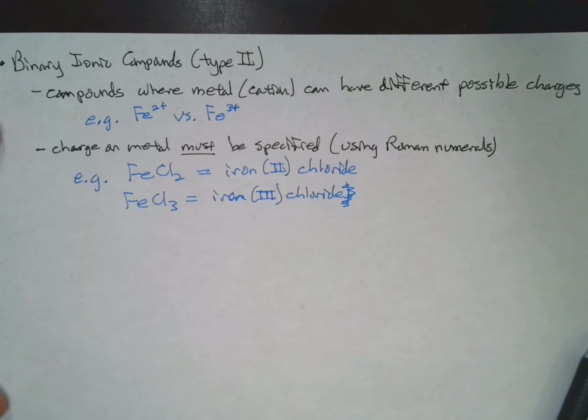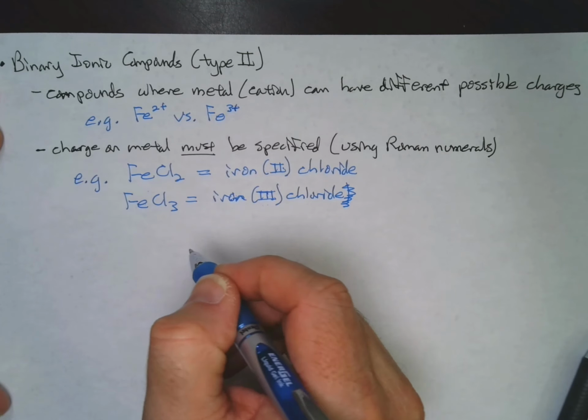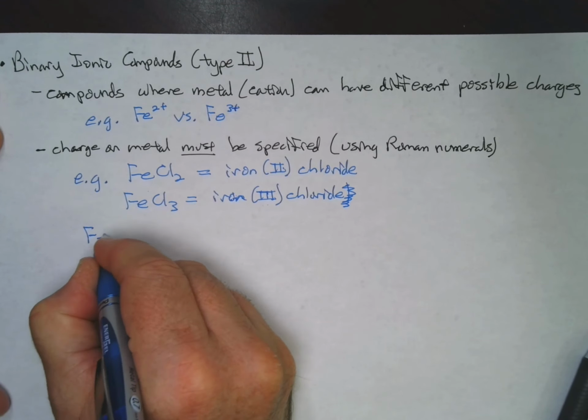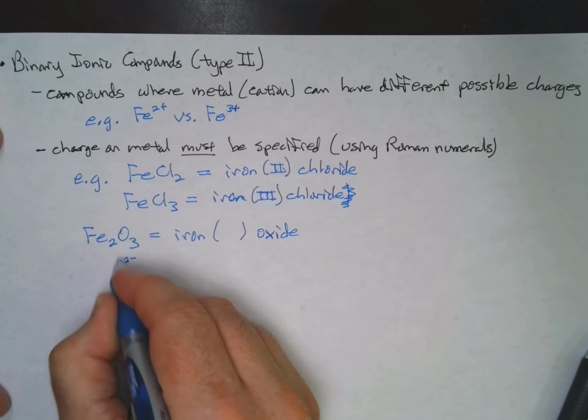Some other examples here. Since we're doing iron, Fe2O3. What would that be? Well, that would be iron something oxide. Okay, iron and oxide. Now, oxygen is usually 2 minus. And if I have 3 of them, that gives me 6 minus total on this side.